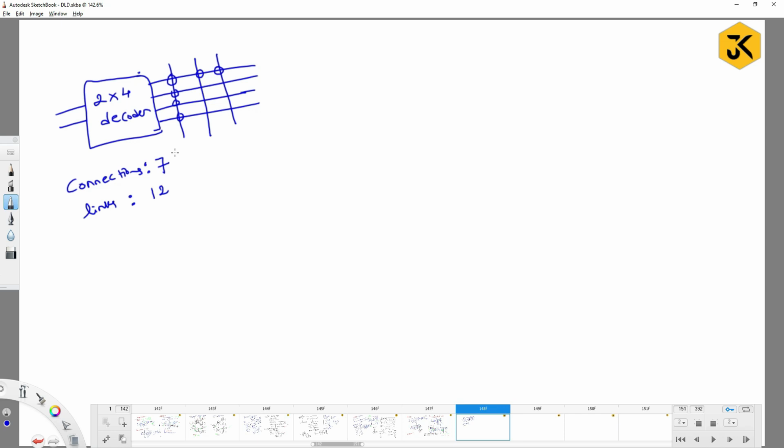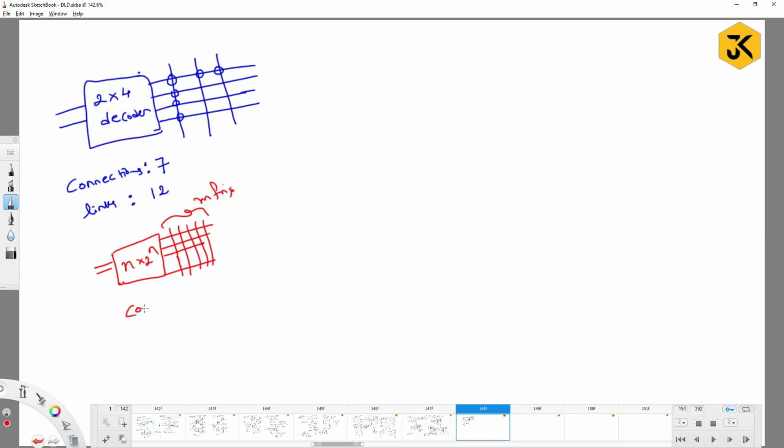Yes, right. Similarly, if I would like to generalize it, how can we generalize this one? Instead of taking a 2 by 4 decoder, I would like to take an n by 2 power n decoder, and assume that m functions are there.